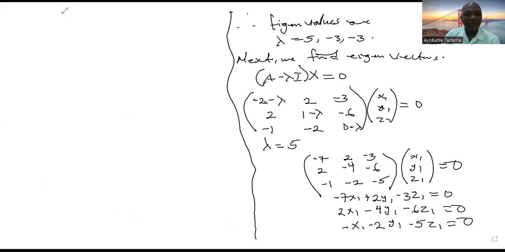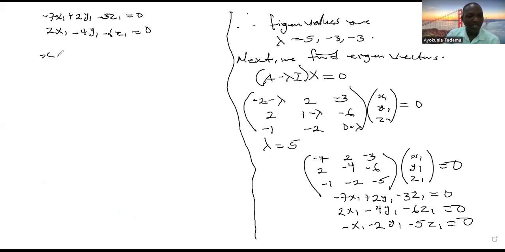What we'll do next now, we can just solve equation 1 and equation 2. That is minus 7x1 plus 2y1 minus 3z1 equals 0, and the other one, 2x1 minus 4y1 minus 6z1 equals 0.